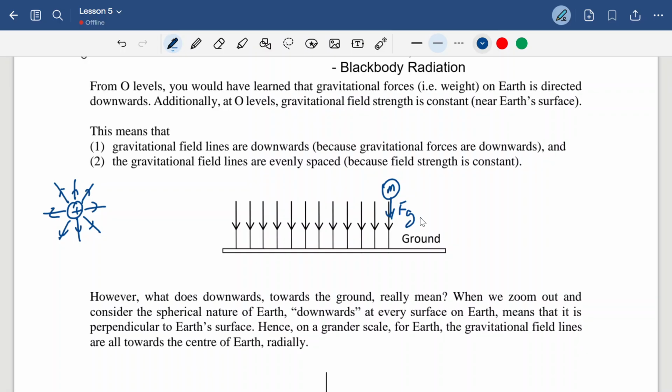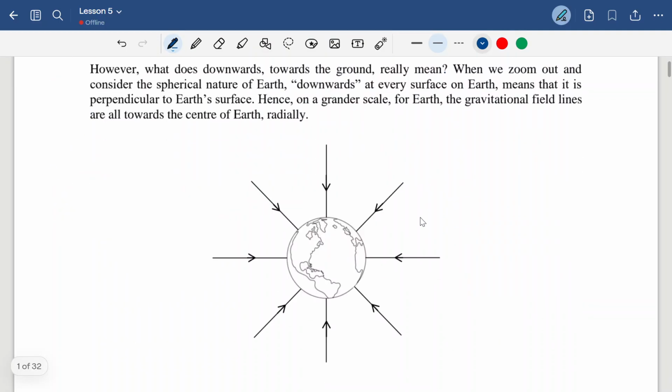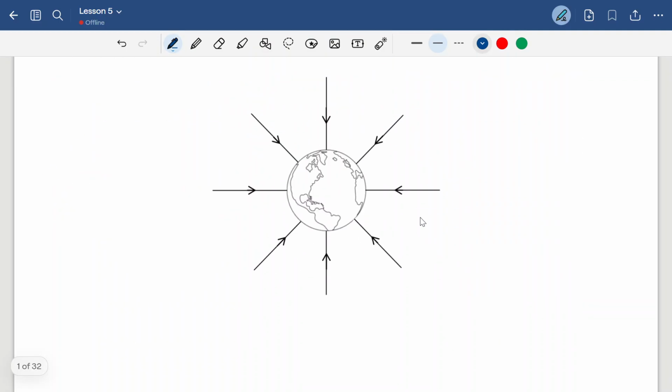Now, what does downward really mean? When we look at the grander scale, this is what happens. At every point on Earth where you are standing, the field is downwards, which means perpendicular to the surface of Earth. And we already know that Earth is a spherical mass, unless you want to believe in flat Earth theory.